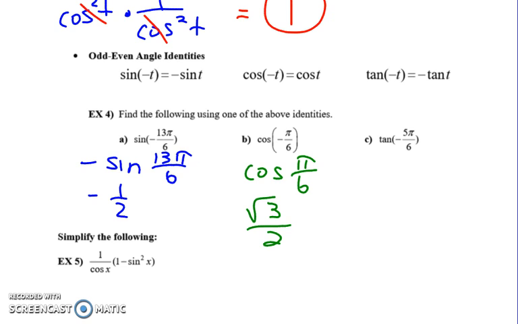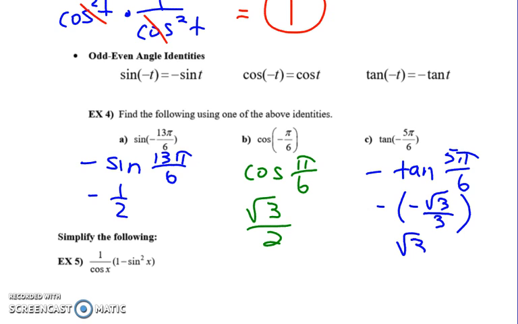If we have the tangent of negative 5 pi over 6, that becomes the opposite of the tangent of 5 pi over 6. So the opposite of negative square root of 3 over 3. So our answer is just positive square root of 3 over 3. Okay.